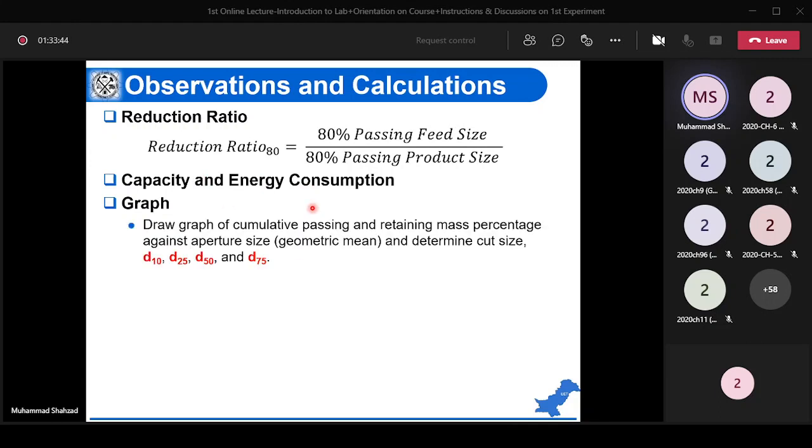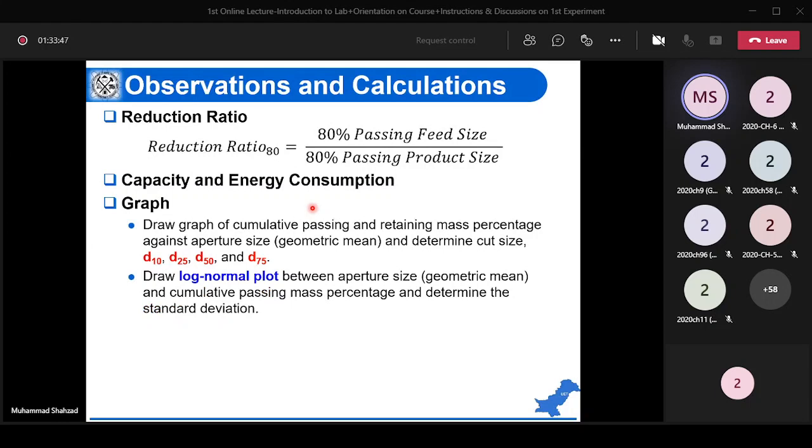You are supposed to draw four graphs. The first one is between cumulative passing and retaining mass percentage against the sieve size, geometric mean size, and then you are supposed to find the values of D10, D25, D50, D75 from that graph.